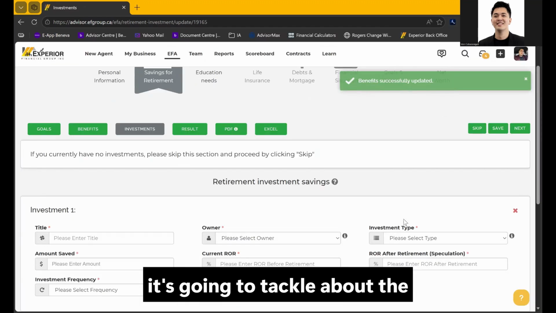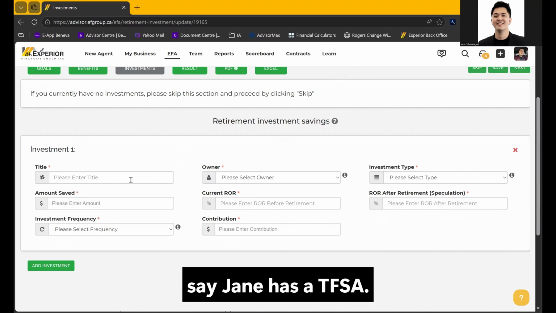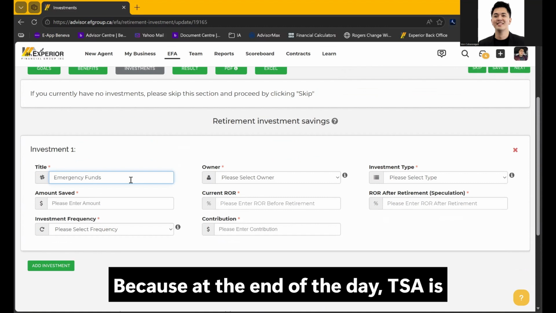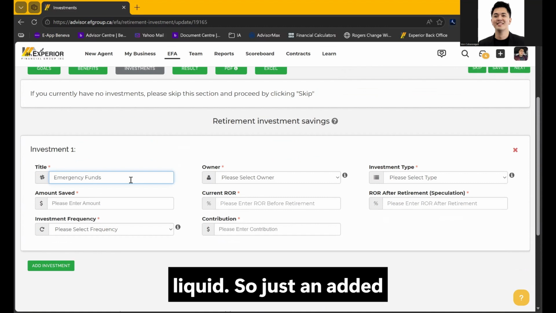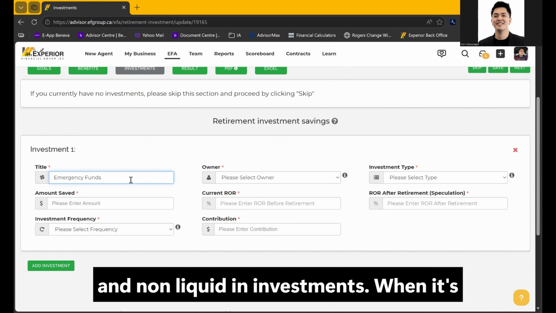And then now it's going to tackle the investments that they have. So let's say Jane has a TFSA. For TFSA, we use the word emergency funds because at the end of the day, TFSA is liquid. So just an added trivia for everyone. There's liquid and non-liquid in investments.